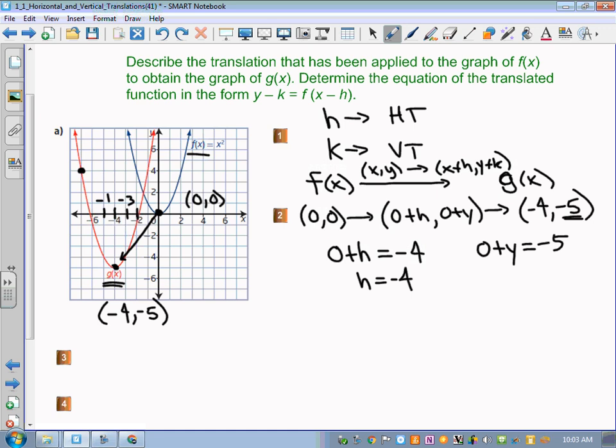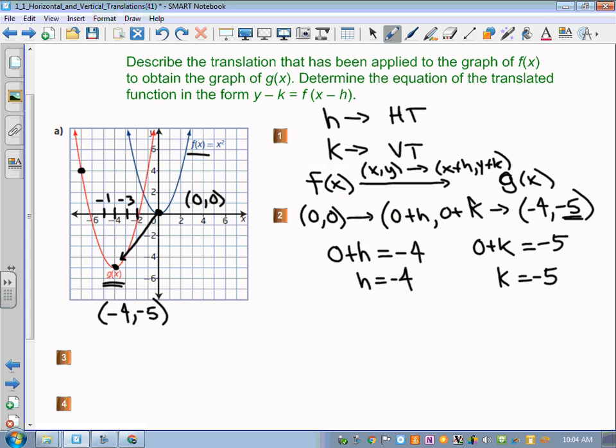This should be 0 plus k, and that means that 0 plus k is -5, so k is -5. Sorry about that. Maybe take a look through this and pause it at this point and make sure that you have what I have written down.